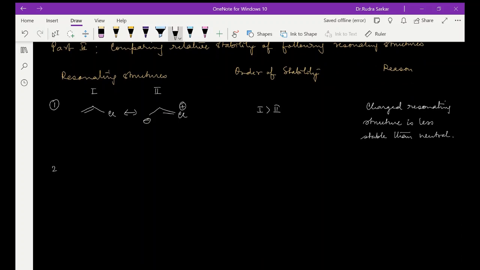Okay. Number 2, suppose we have these two structures.